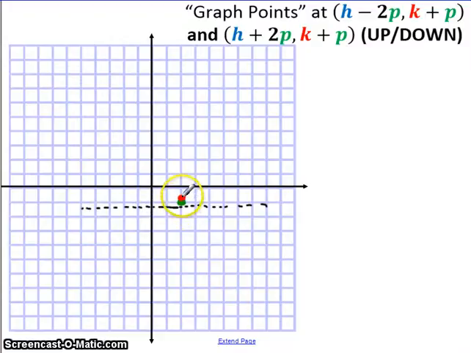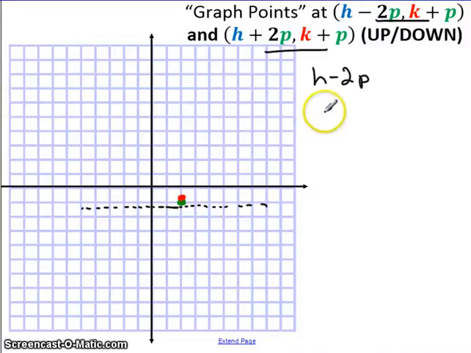I want you also to notice that the distance from the focus to the vertex is the same as the distance from the vertex to the directrix. It's the same number, it's just in the opposite direction. Okay, so again, we're going to use these to get a couple more points to graph with. And so we're going to have h minus 2p.